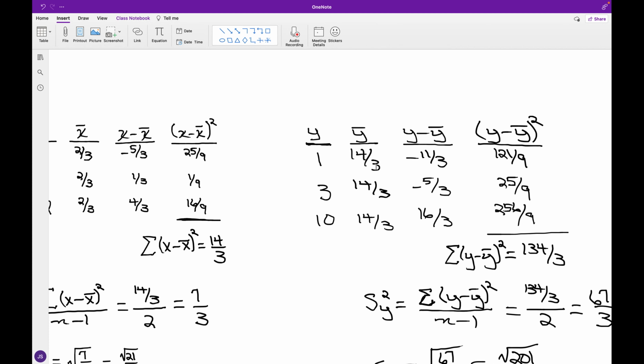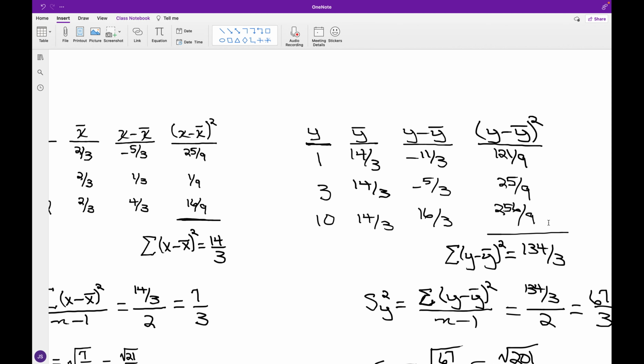So for 1 minus 14/3, we have negative 11/3, then 3 minus 14/3, which is negative 5/3, and then 10 minus 14/3, or 30/3 minus 14/3, which is 16/3. Squaring these differences, I have 121 ninths, 25 ninths, and 256 ninths.